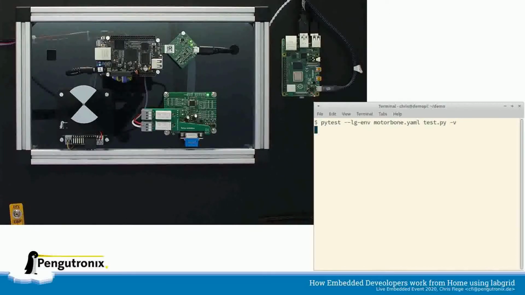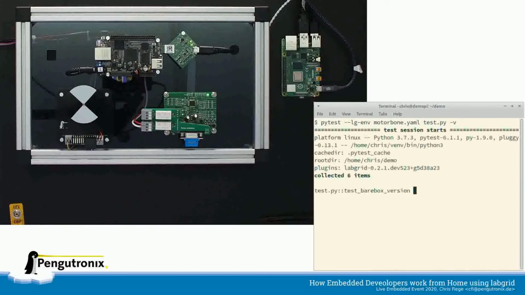So again, our first test will be running in barebox, so our device under test will be powered off again, powered on again, we'll capture it in the bootloader and execute our test. That was successful. Next test will be running in Linux, so we're now waiting for Linux to boot.